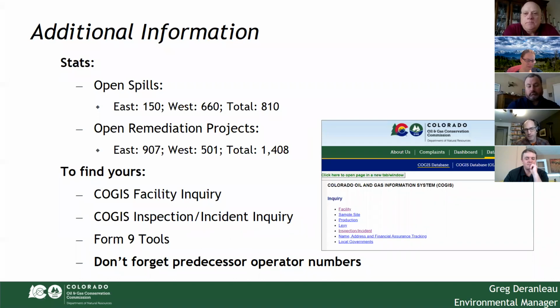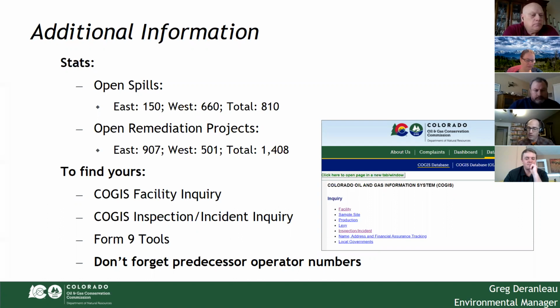In the facility inquiry, the top one on this list, please note that the spills only date back to those that were submitted on an eForm 19 initially. So they only go back to 2014. Many of the spills predate that. So that's where you have to dig into that inspection or incident inquiry. Using that tool, you can find the older spills, and you can also find your remediation projects. You can search by your project number.